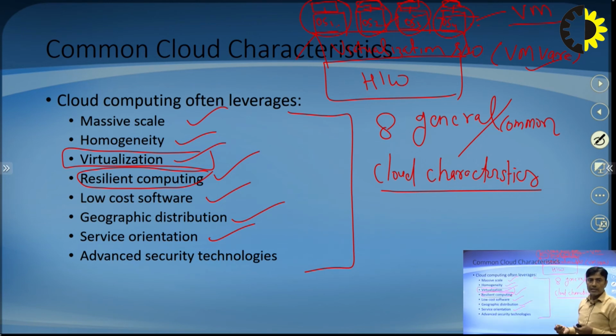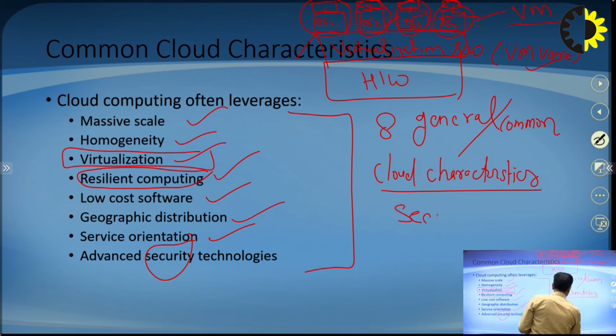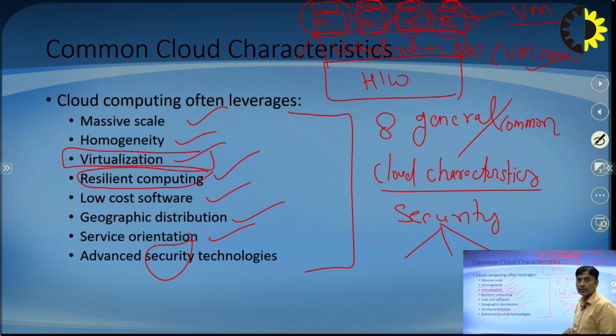And then the advanced security technologies. What is this? Advanced security technologies means, what is security? Let us see. What do you mean by security? If anybody talks about security, three things should immediately come to your mind. What are they? Confidentiality, integrity, and availability.